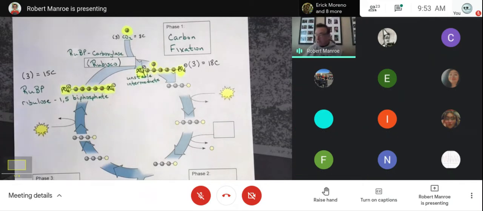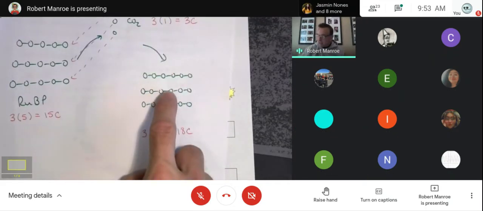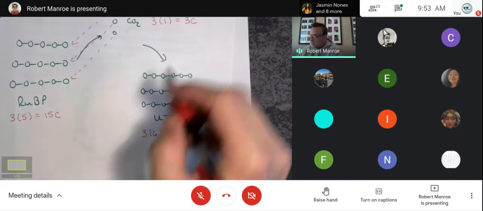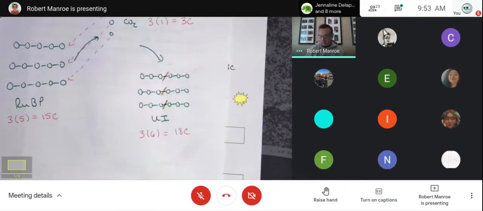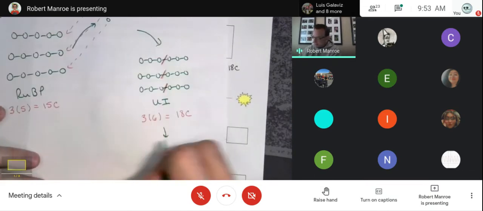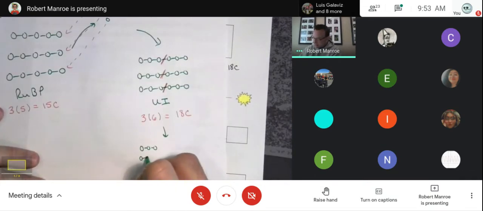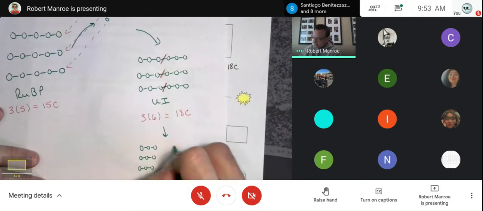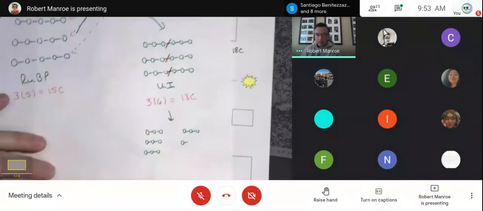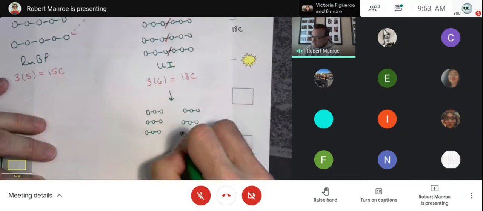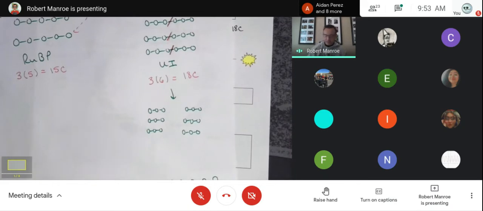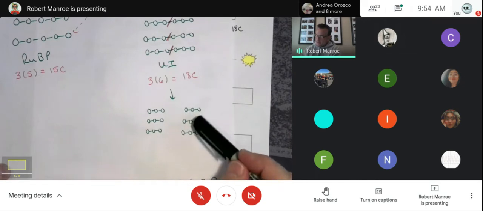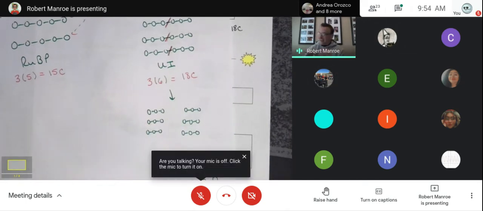So if you have 3 of these molecules and each one splits in half, now what you're left with is this, this, this. How many 3 carbon compounds are here? 6. Oh, 9. 1, 2, 3, 4, 5, 6. You agree? No, you're right. Oh, I get it. Okay.